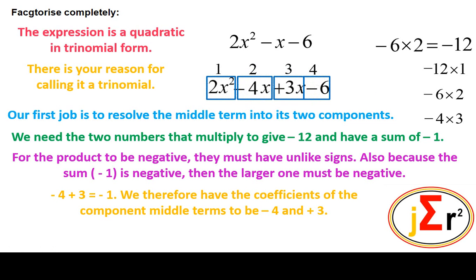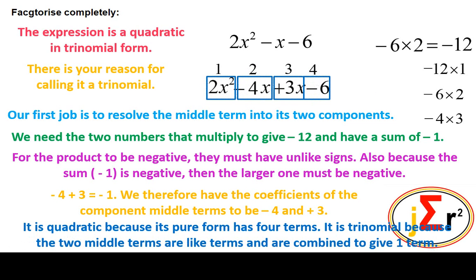We have 4 terms. It is quadratic because its pure form or original form has 4 terms. It is trinomial because the two middle terms are like terms and are combined to give 1 term. This original expression that this is coming from is, as a matter of fact, a quadratic.